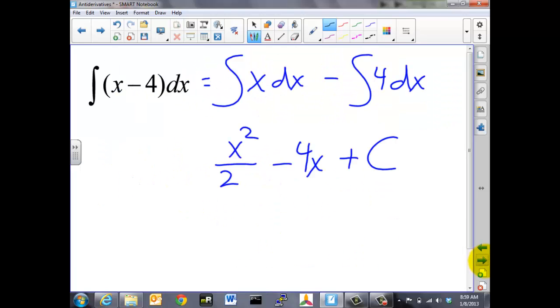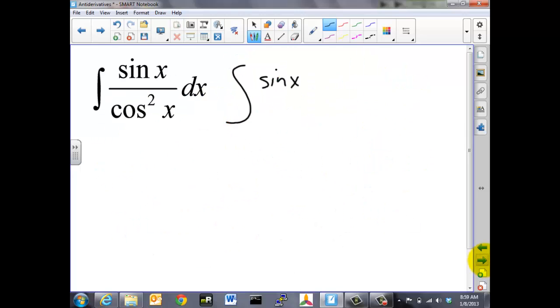All right, separate it, make it cosine x. Let's see if that's going to help us. Does that help any? Is sine over cosine something? Yes, tan. So this becomes tan x. Well, what happens to this other cosine over here?